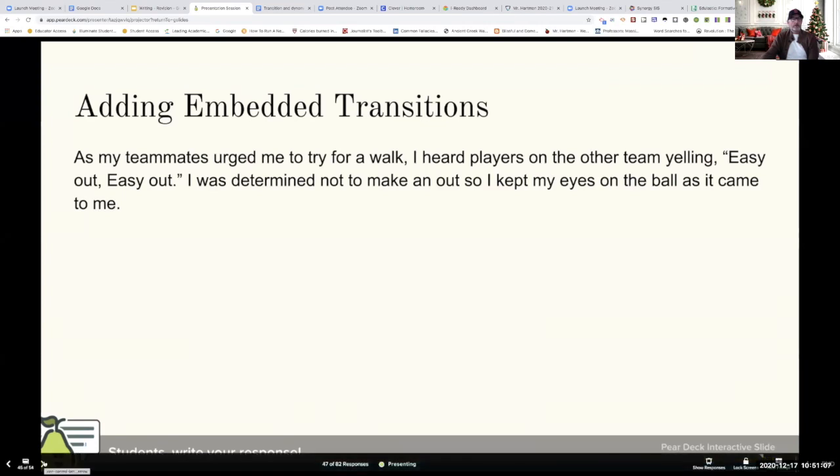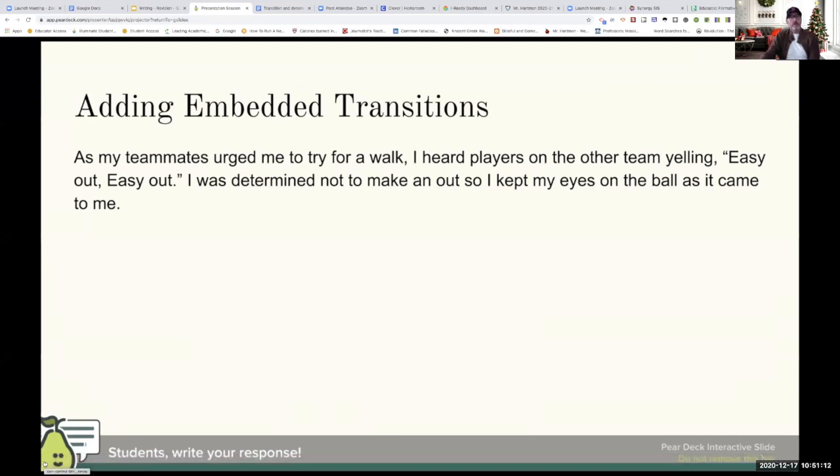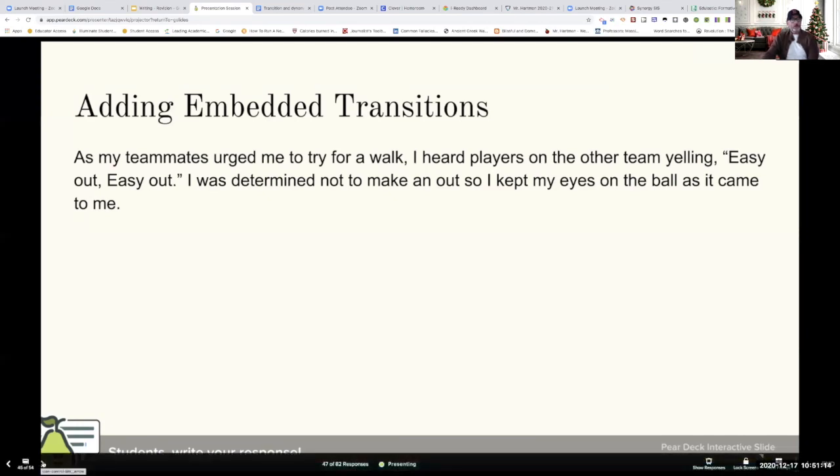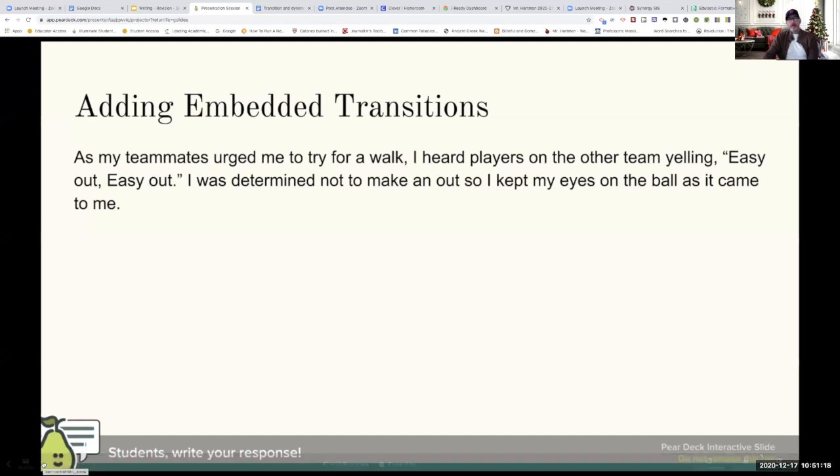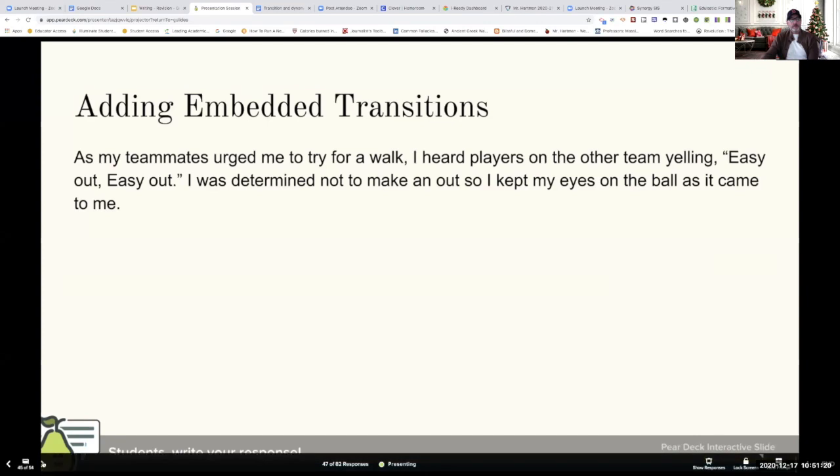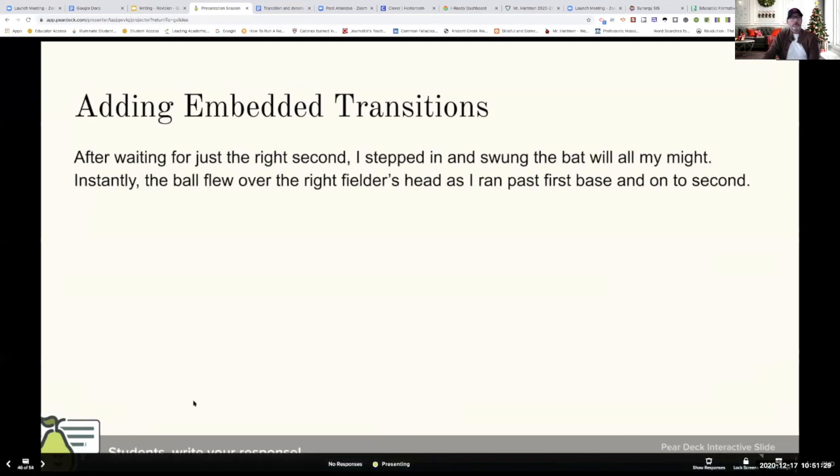So this is pretty high level stuff. This is the last we're going to do with transitions for a while, but people who take their writing seriously, if you can master this, when you get to middle school, high school, college, your professors will recognize that. They should.